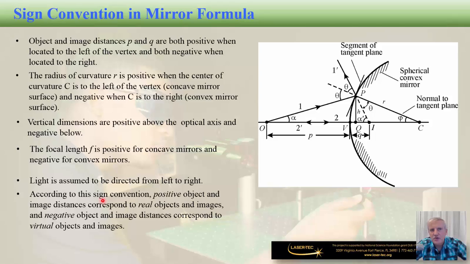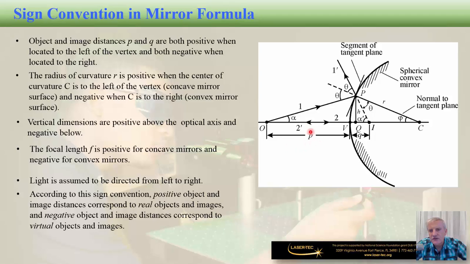Okay, so here are the sign convention rules for the mirror formula. Number one, the object and image distances p and q are both positive when they are located to the left of the vertex, and both negative when they are located to the right. So for example, in the case of a convex mirror, you can see that the distance small p is located to the left relative to the mirror.